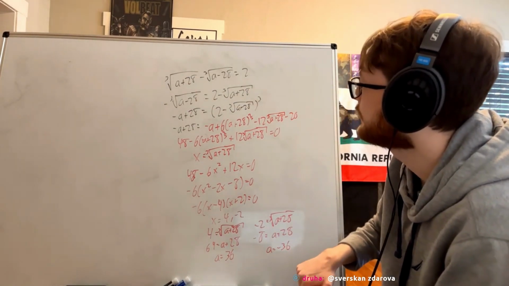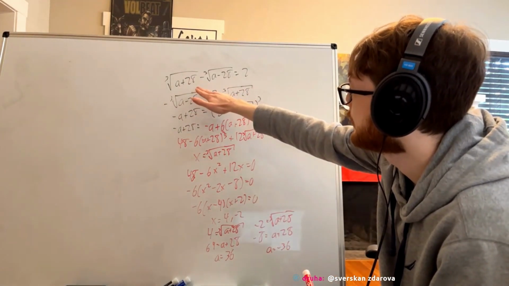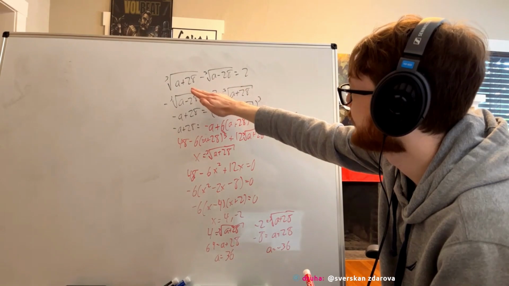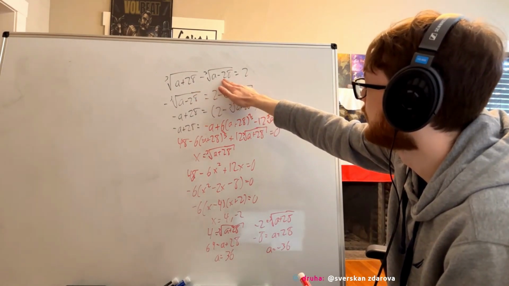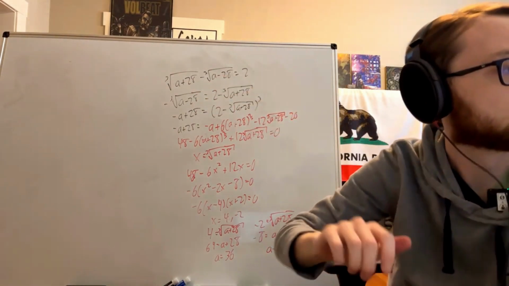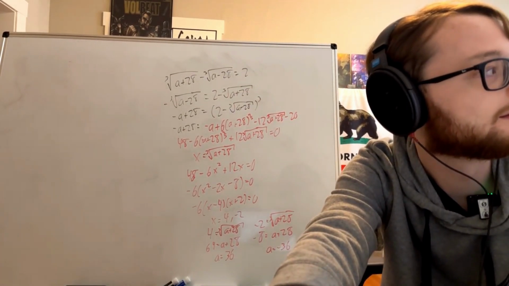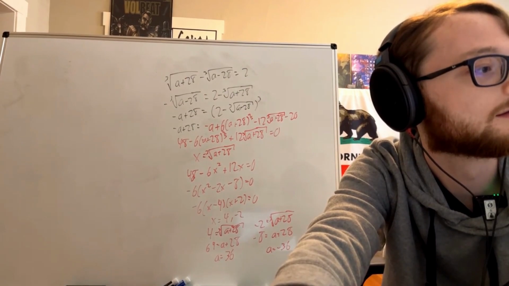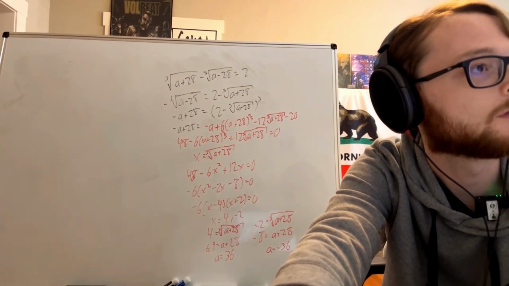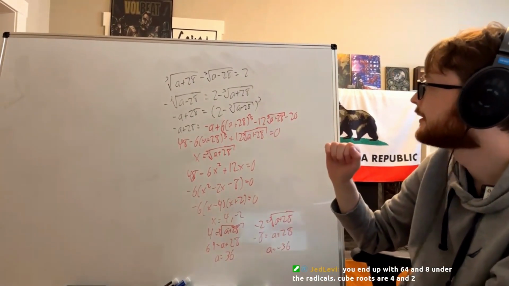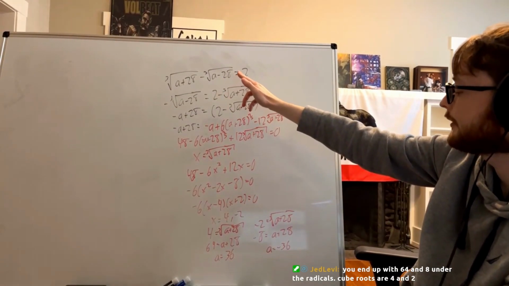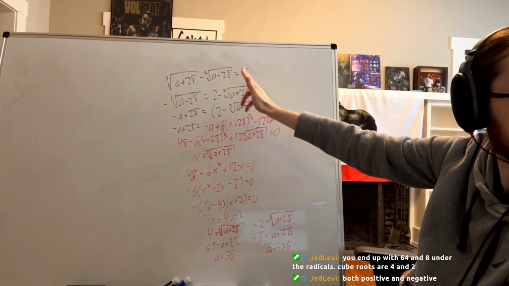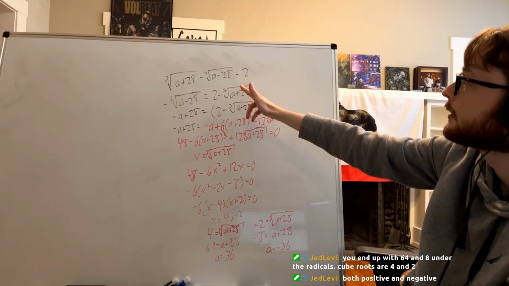We get minus 8, cube root is minus 2. What the heck is that? Hey, Drew. That's a 64. Cube roots are 4 and 2. Okay, thank you. So minus 2 minus negative 4 is plus 2.